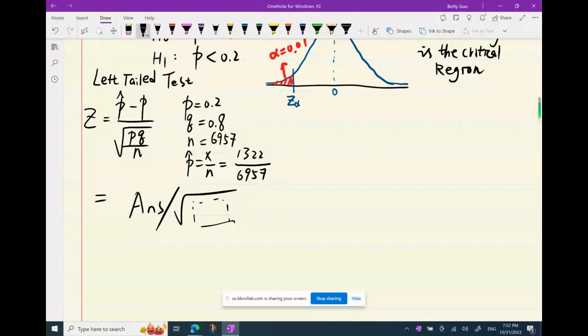Make sure you are still under the square root, then divided by the sample size, 6,957. Then push this key to let the indicator go outside the radical, and enter. Let me know what you have.